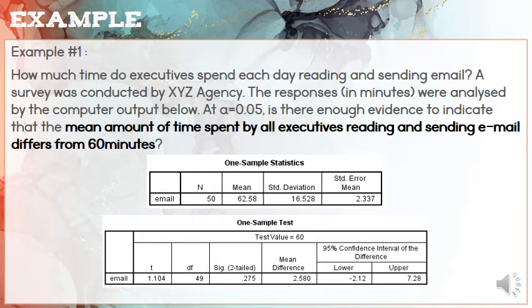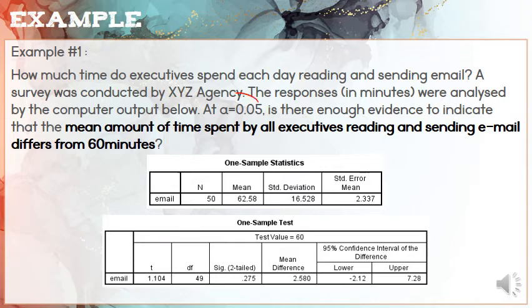Okay, we look at example number 1. This is actually from the previous example, but here is a proper full question lah. Dia kata dalam soalan ini, how much time do executives spend each day reading and sending email? So a survey was conducted by XYZ company, and the responses in minutes were analyzed by the computer output below.